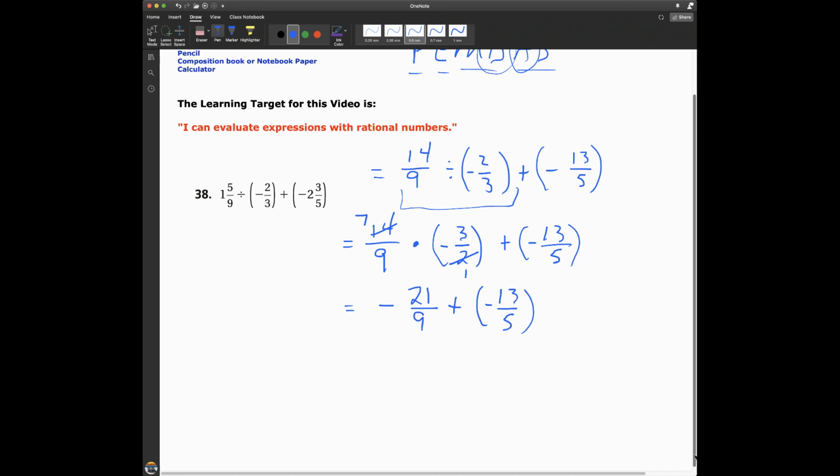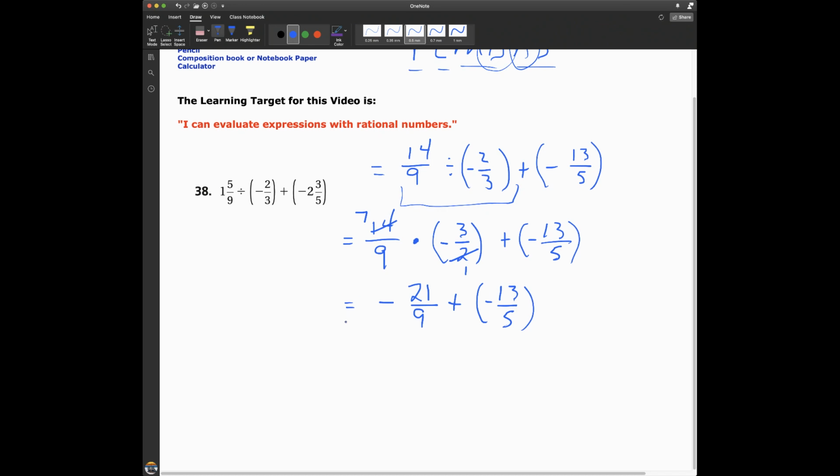All right, so what do we need to do now? We need to find a common denominator. And that common denominator is 45, right? Actually, there's two different ways we can look at that. The first way is, can I simplify this? I can, because 3 goes into 21 and 3 goes into 9.